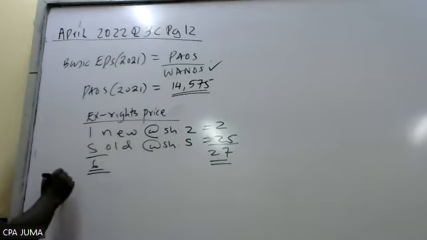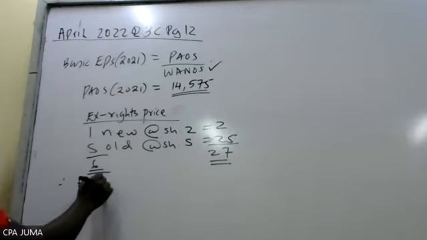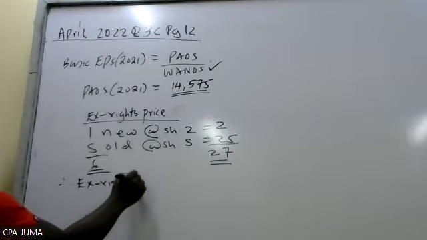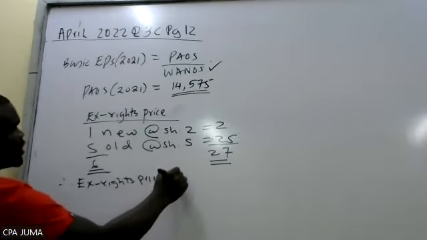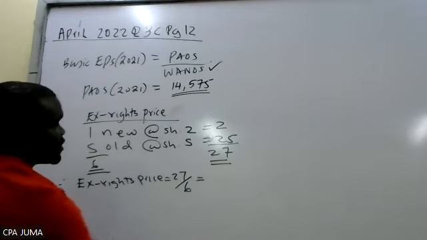So therefore, the average will be 27 divided by 6.